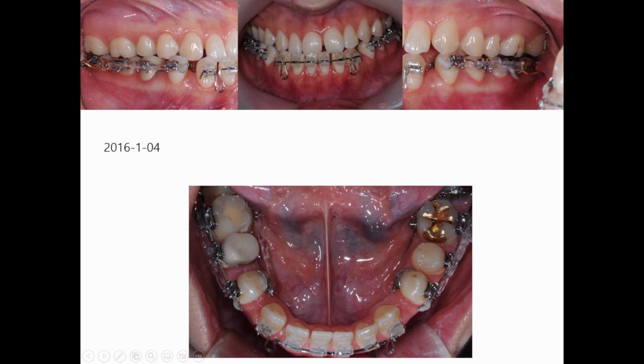Control the lower anterior teeth with cuspid and push back whole posterior teeth. After that, when she tried to move these teeth back, she felt it's time to cut lingual arch.